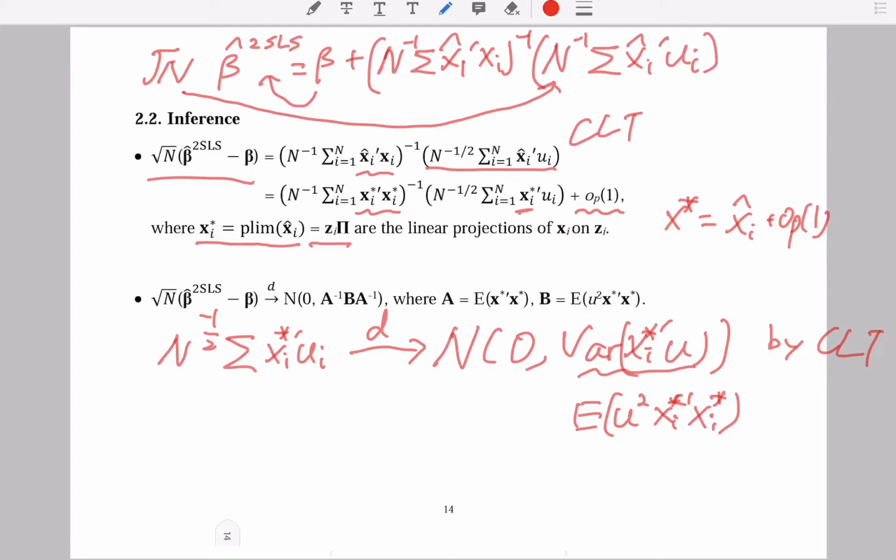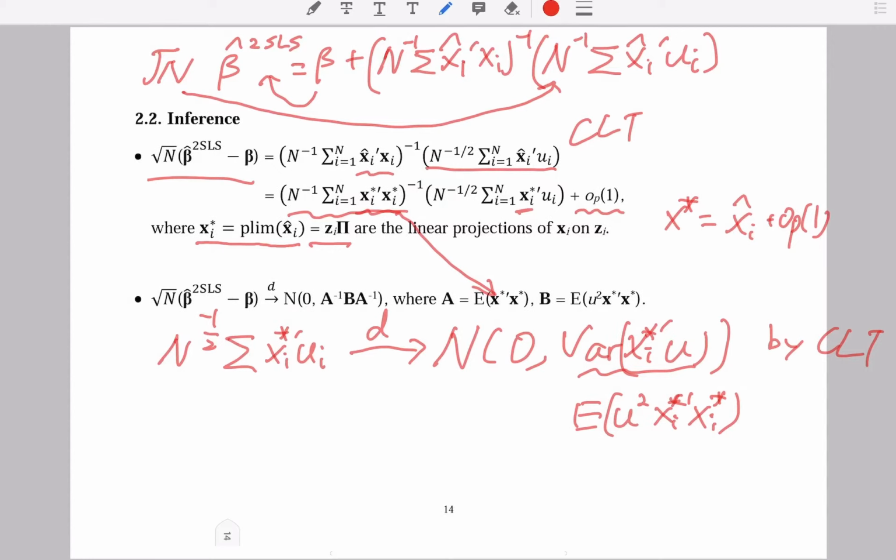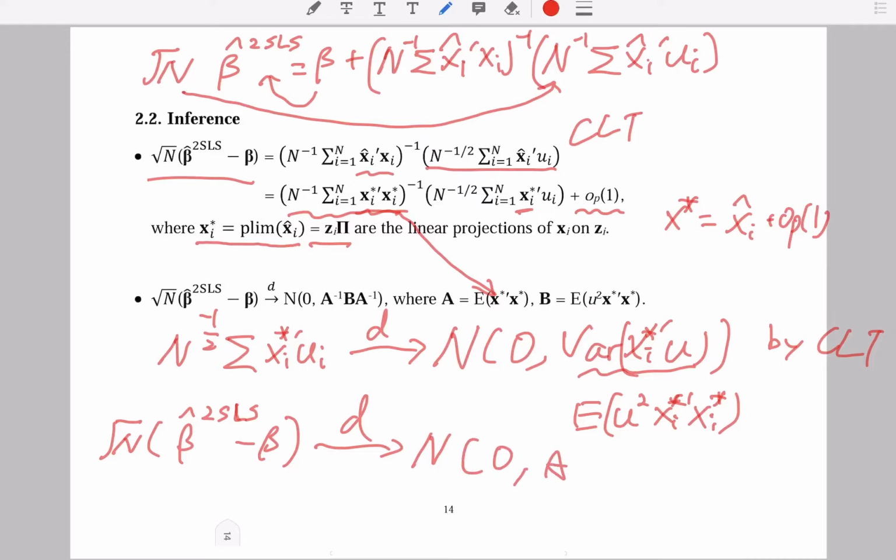Because the first term converges in probability to A, the whole thing, the two-stage least squares estimator of beta, should converge in distribution to a normal distribution with mean 0 and a quadratic form.